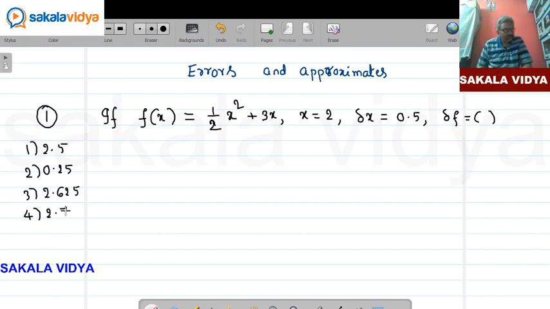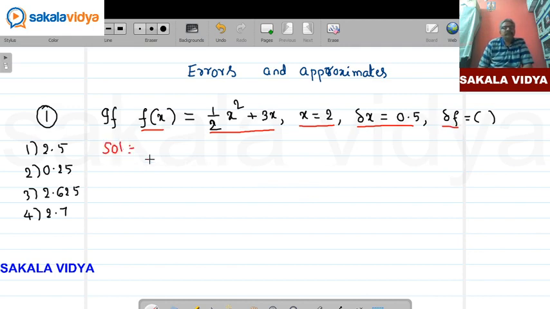Right now, if f of x equals half x square plus 3x, x is equal to 2, delta x is equal to 0.5, then delta f you need to find out. See, we have the formula.